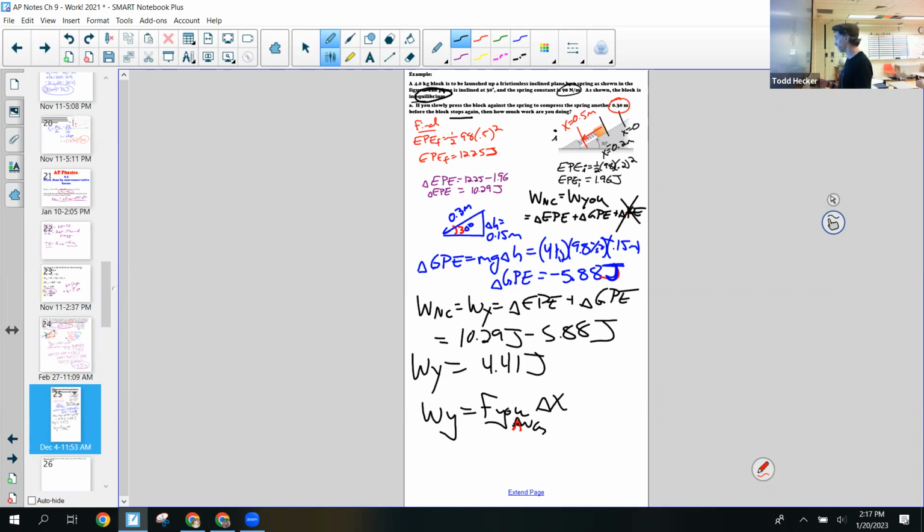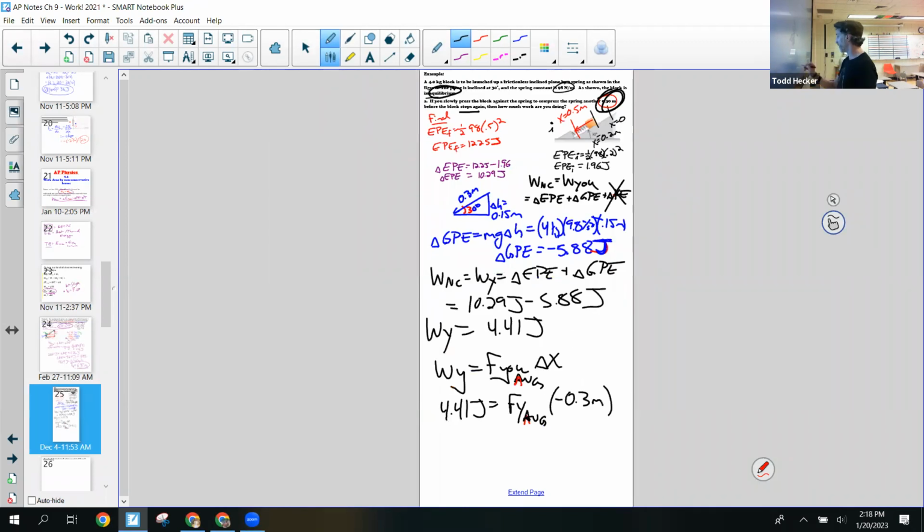If your force is constant, then you're good. So the work you did is 4.41 joules. That's equal to your average force times your displacement, which was that additional 0.3 meters down the ramp. So divide both sides by 0.3, and the force of U average is whatever 4.41 divided by 0.3 is.